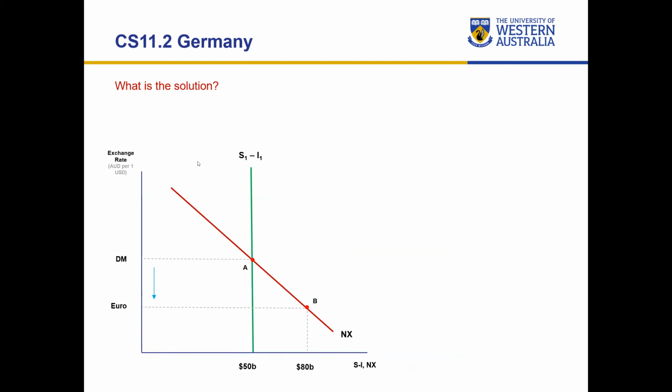So what is the solution, the last part of this case study? Well, the problem is that Germany is at position B today in this model. So it's got a level of net exports of, say, 80 billion.